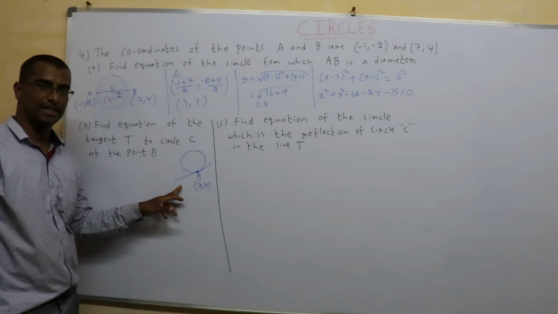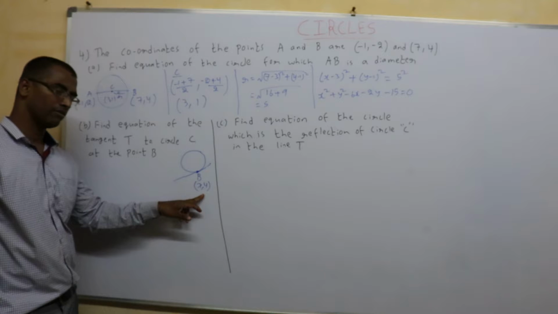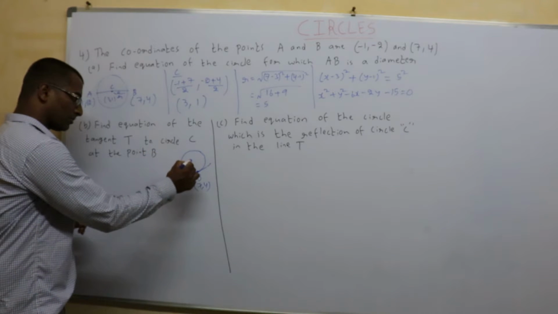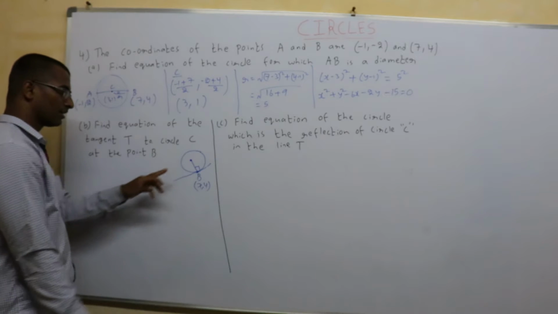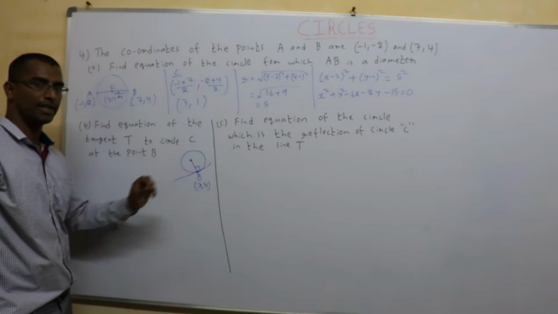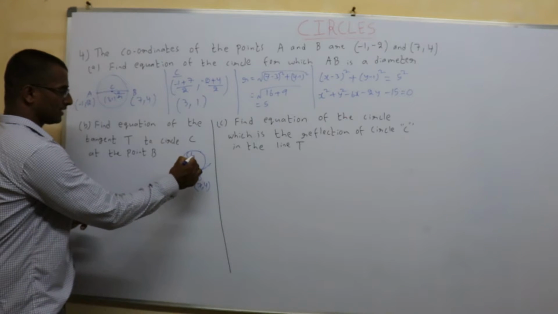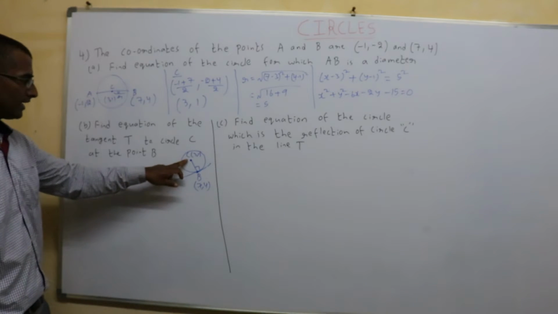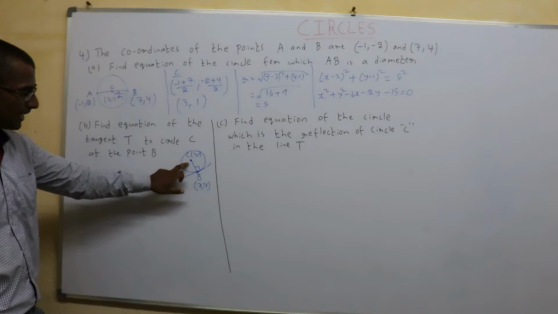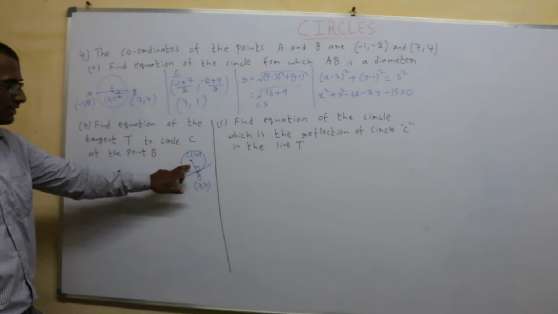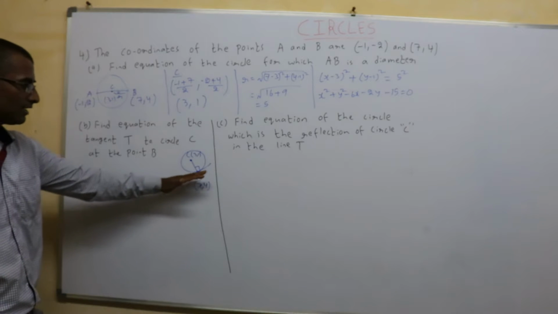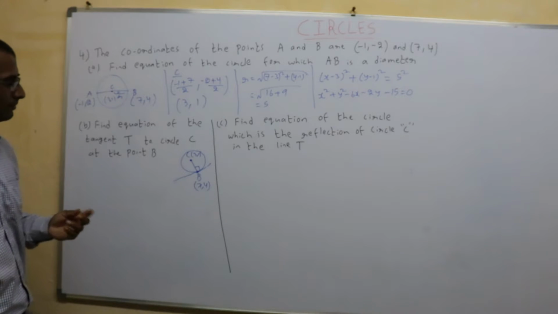To get this tangent equation I need a point, which I have, and I need the slope. I know the radius will be perpendicular to the tangent. Here the center is (3, 1). When I have these two points I can get the slope. Once I have this line's slope, I will use the perpendicular condition to get the slope of the tangent.